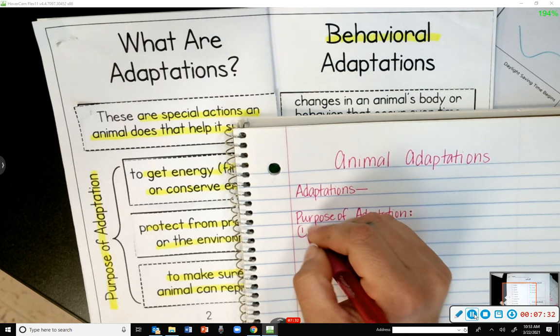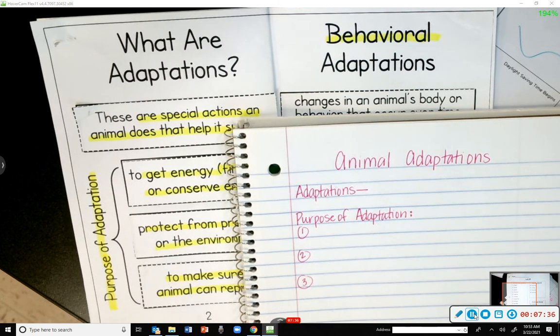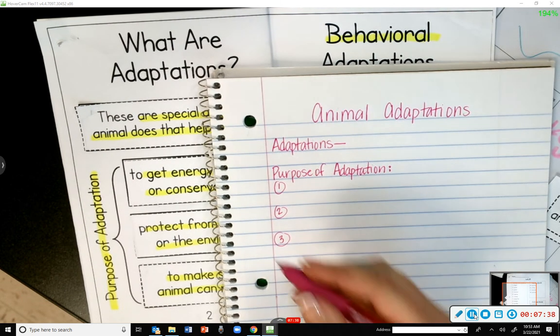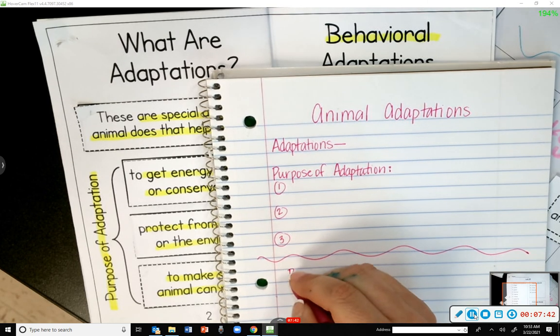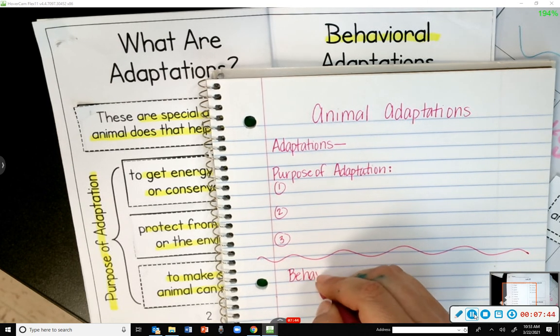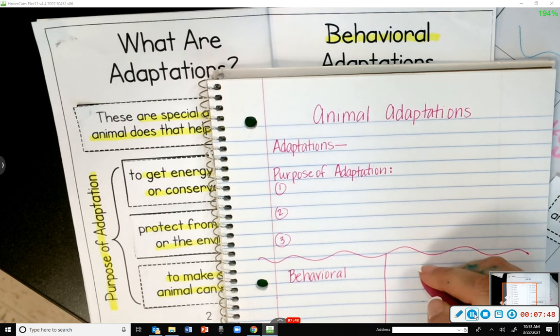So 1, 2, and 3 sentences you should have already written. Okay? Now we're going to make two sections. We have behavioral and physical adaptations.